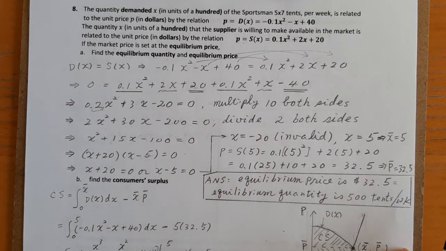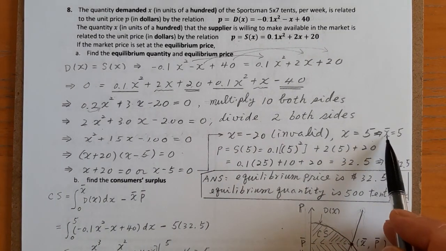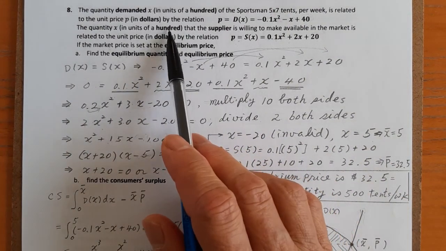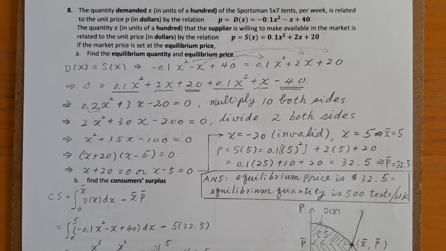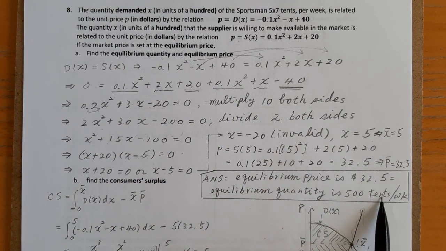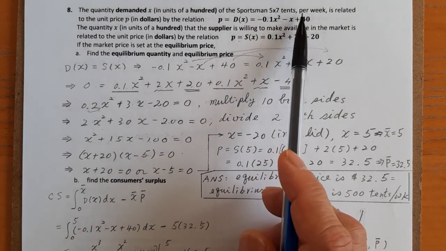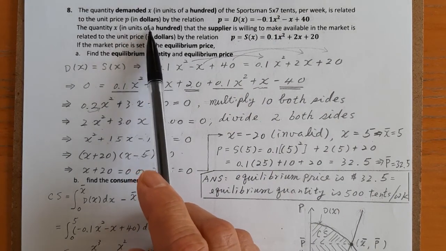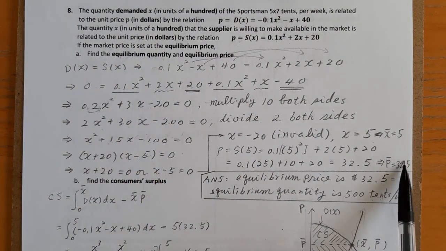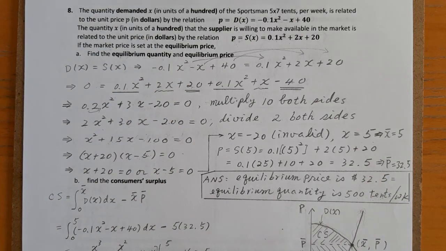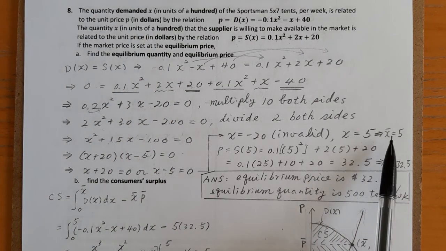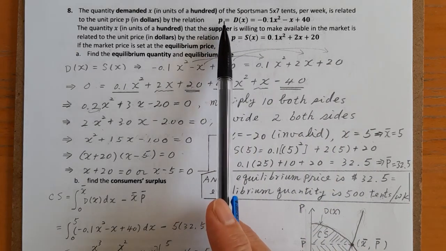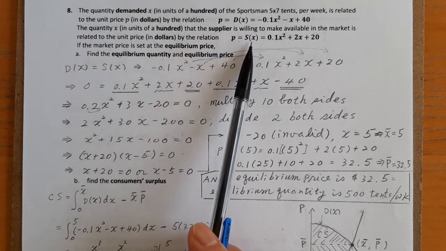That is the x bar, the equilibrium quantity, which is 500. Here it is per week, and because it's in units of 100, it's 500 tanks per week. Then with x equal to 5, plug into either the demand function or the supply function.